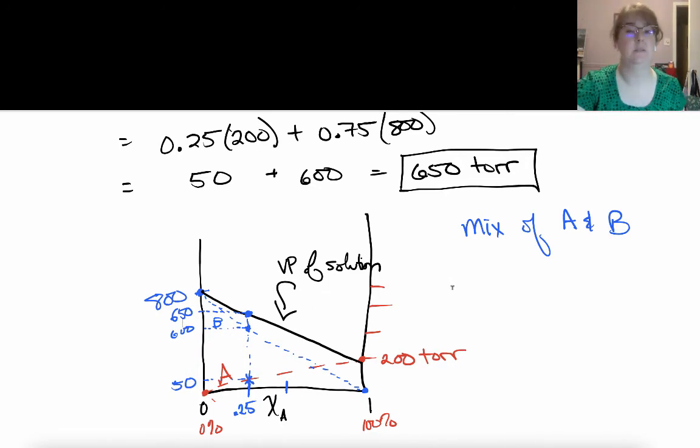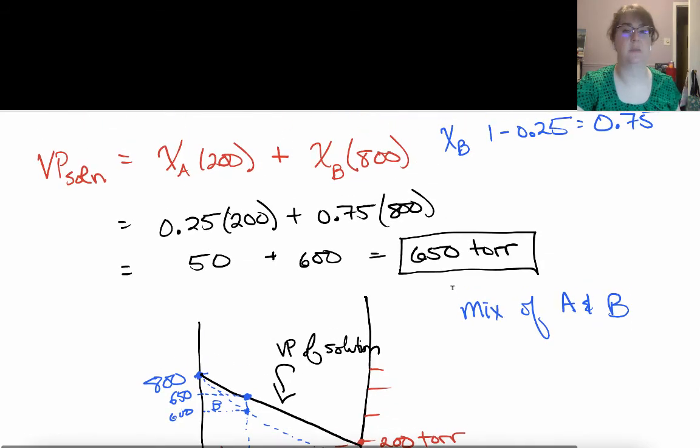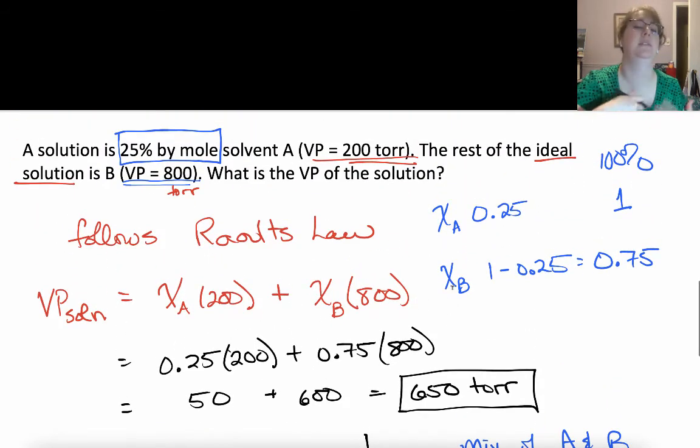So what I'm trying to do is demonstrate what this graph really means based on the math we already did. If you're wondering where any of these numbers are coming from, I'm using the problem that we did previously to demonstrate how this graph relates to vapor pressure and how the graph relates to Raoult's law.